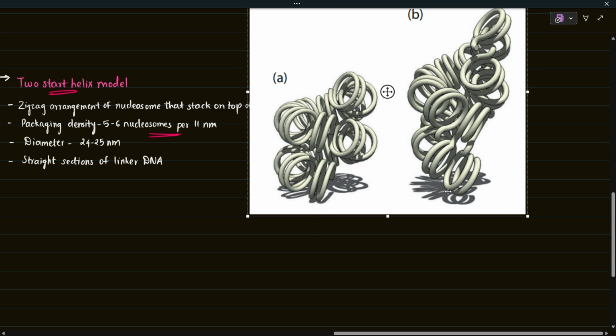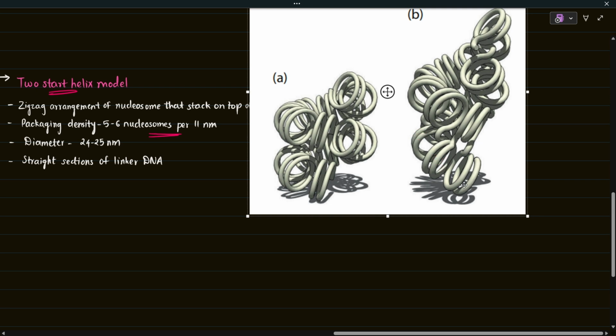Well, the two start helix model is somewhat different. You take the first nucleosome, and then you put the next nucleosome just beside it. But then you put the third nucleosome beside the second nucleosome but in the opposite direction, and you keep continuing: the fourth in the opposite direction of the second one, and then the fifth in the opposite direction of the third one.